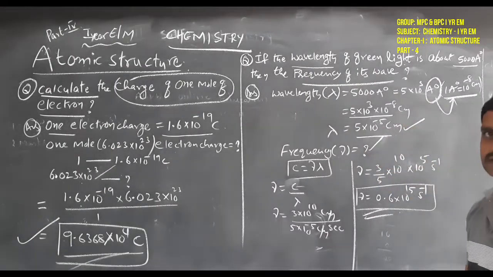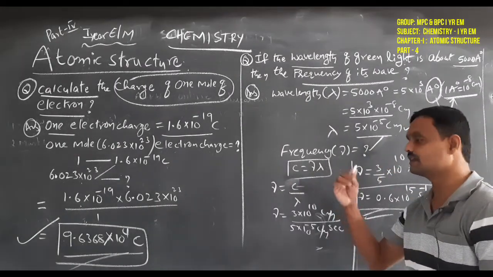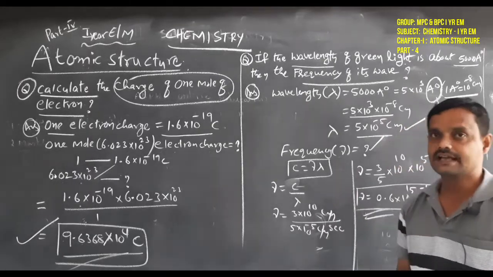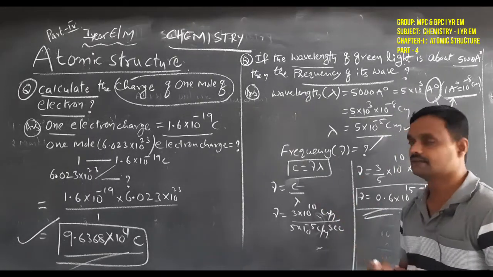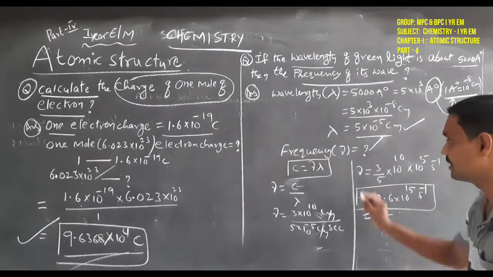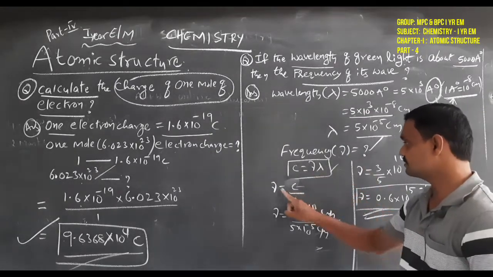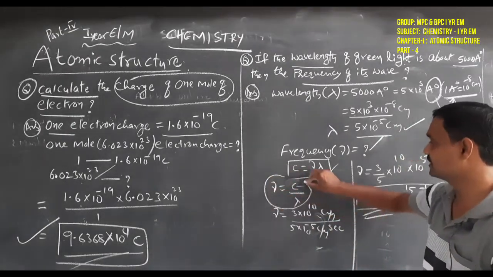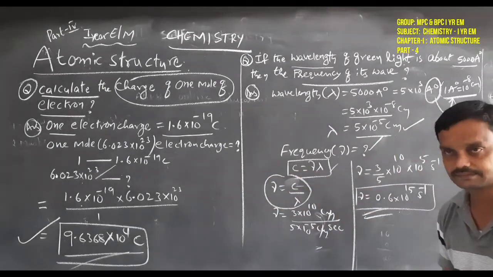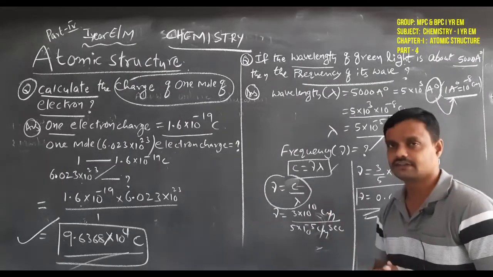Already we have to know the relation, that is c is equal to nu lambda. Previously we discussed the relation between velocity, frequency and wavelength, that is c equals nu lambda. From this, nu is equal to c by lambda. This formula is used to determine the frequency by using the wavelength.